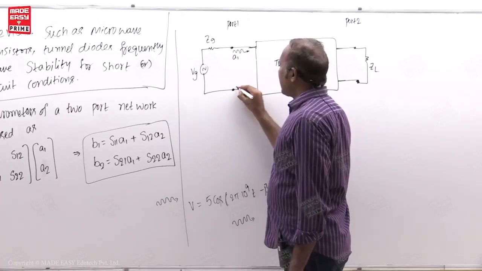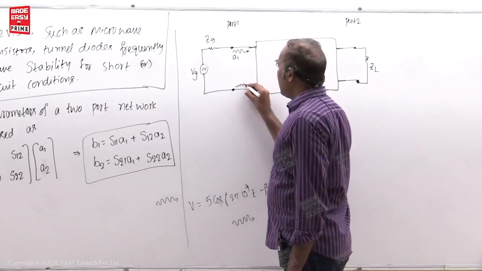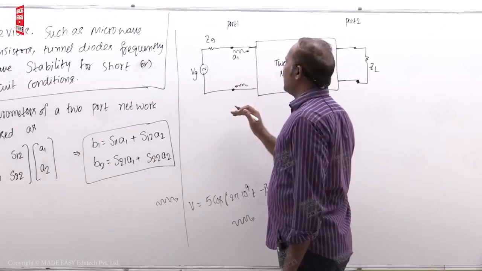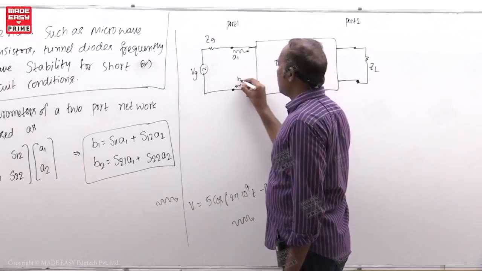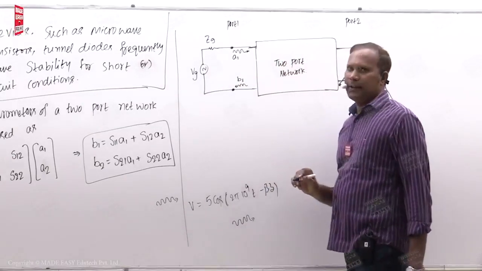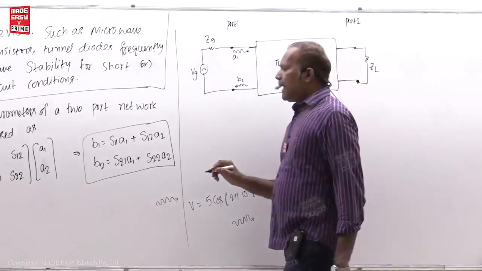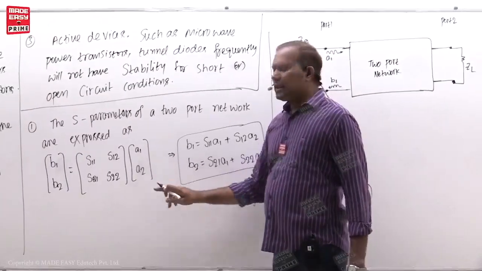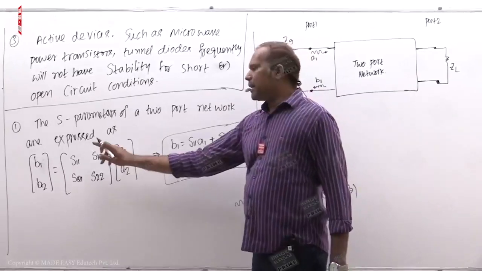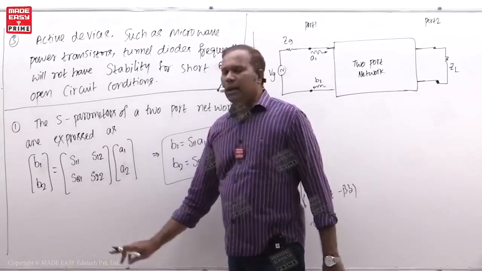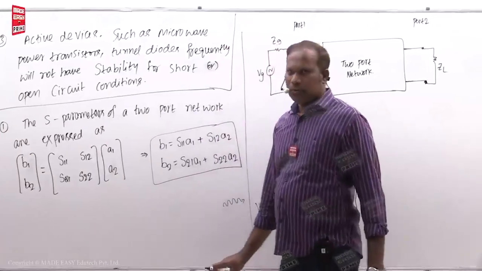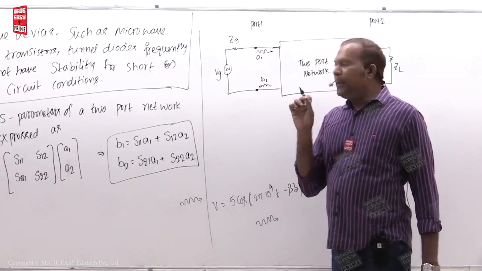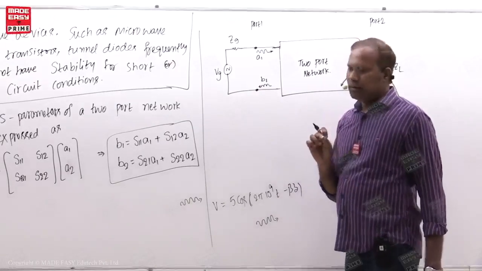The reflected signal goes out of port 1, and that is called the reflected wave, B1. So A1 means the incident wave at port 1, A2 means the incident wave at port 2, B1 means the reflected wave at port 1, B2 means the reflected wave at port 2. The A symbol is used for incident waves and the B symbol for reflected waves.